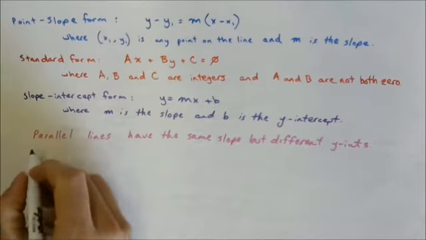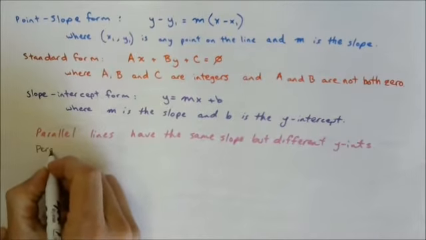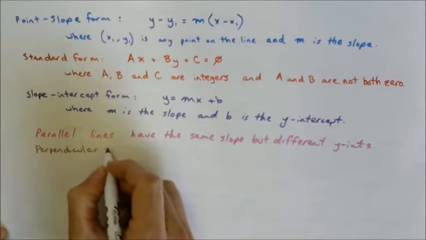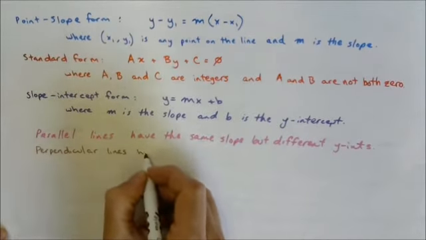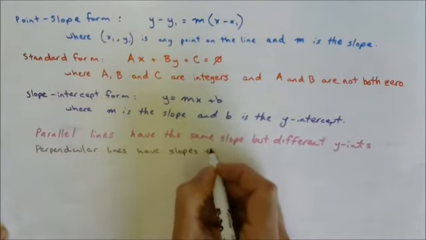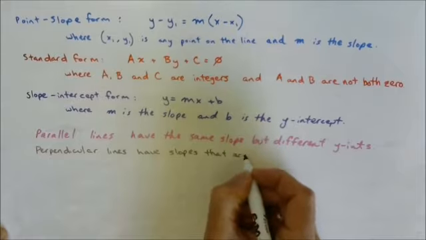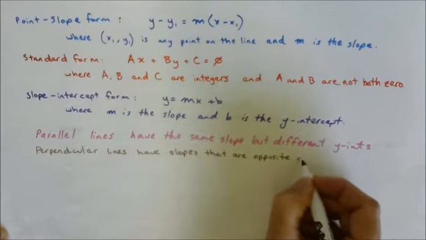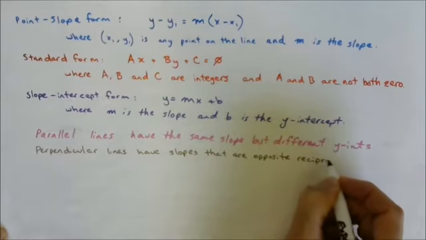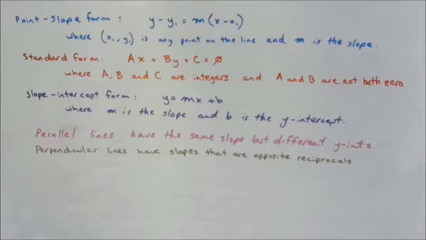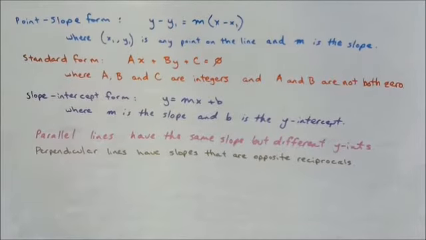And perpendicular lines have what? Slopes that are opposite reciprocals. Parallel lines have the same slope, different y-intercept. Perpendicular lines have slopes that are opposite reciprocals.